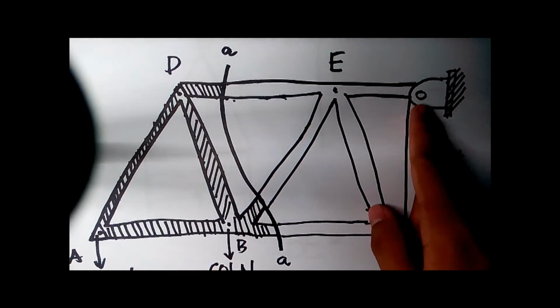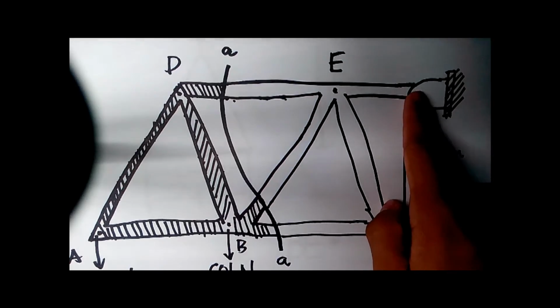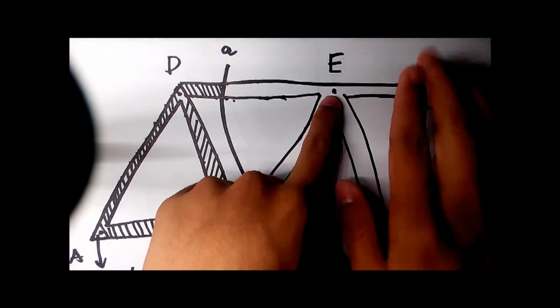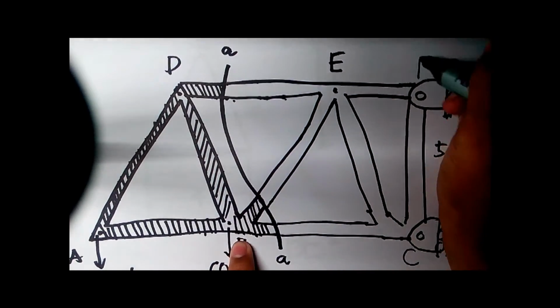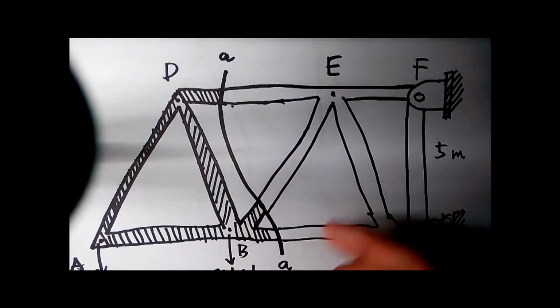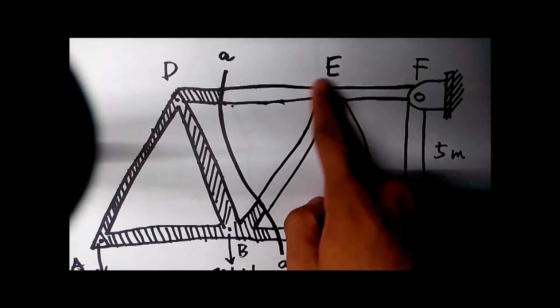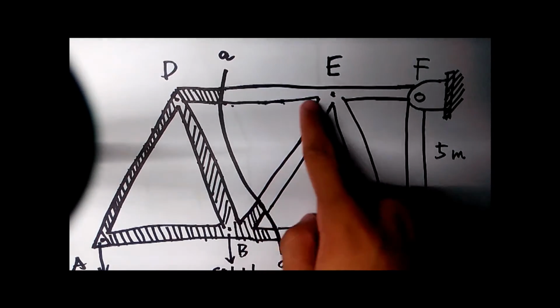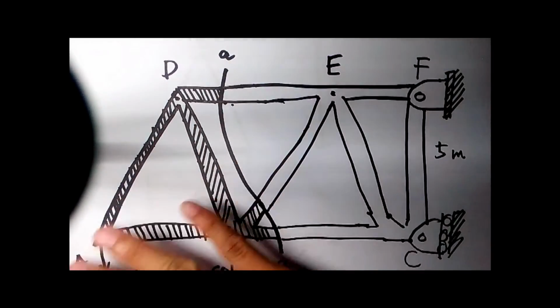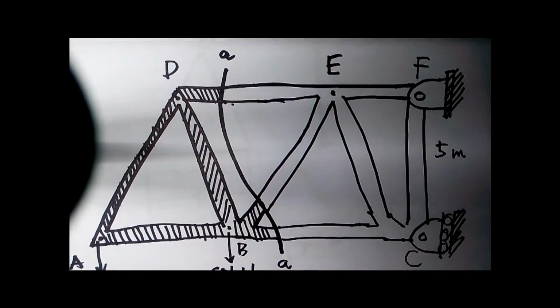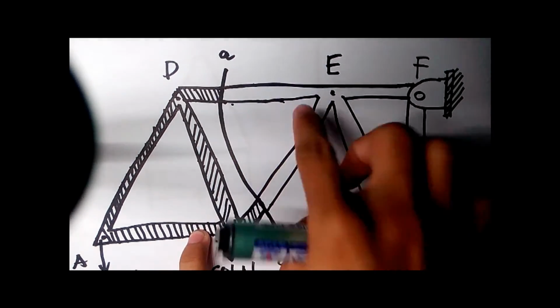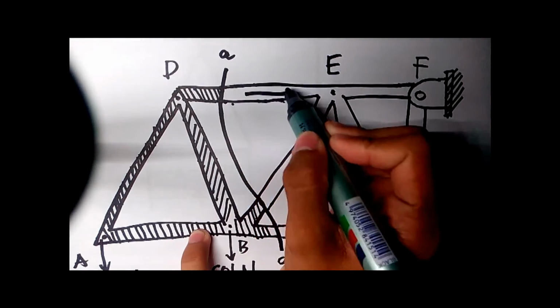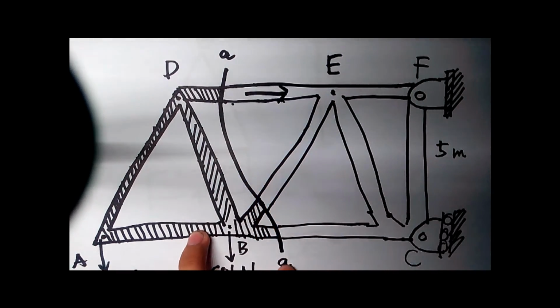Think, if the point F is removed, what will happen to the E? It will go over here. So to counter that force, the force in this must be in this direction to keep it in equilibrium.